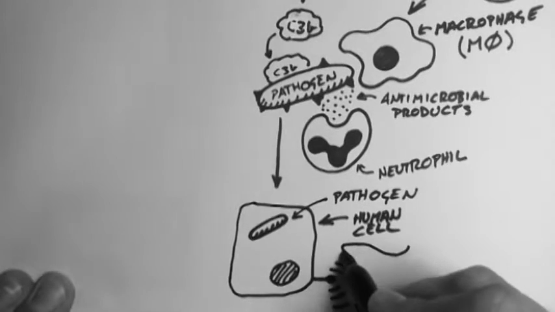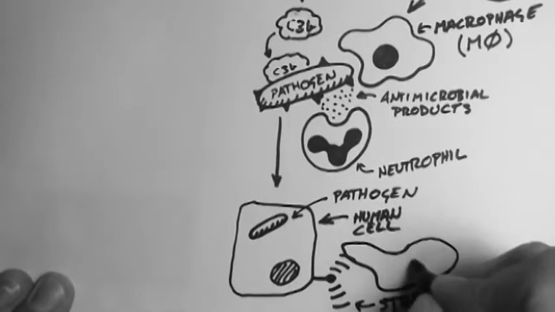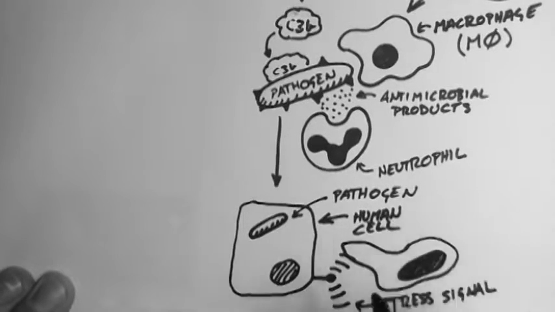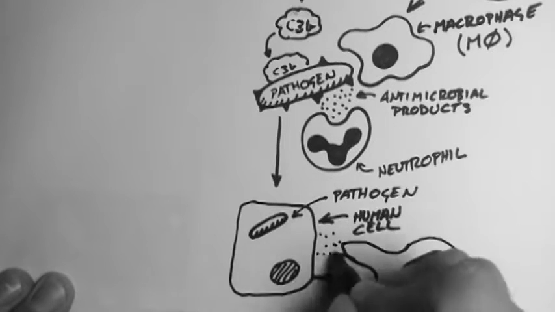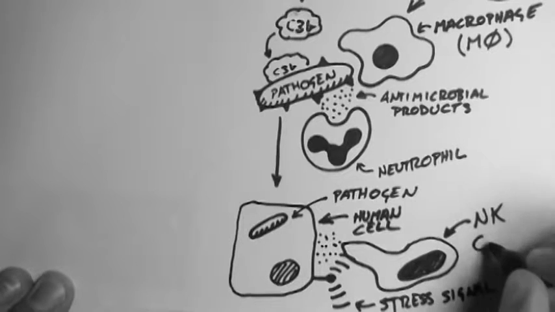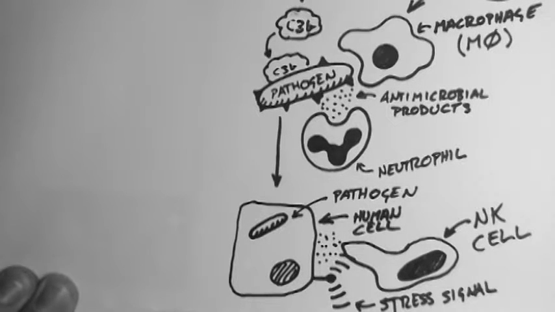And this calls on another type of cell called a natural killer cell, or NK cell for short, to release a whole lot of products that ask the cell to die. And if this cell dies, it should take the pathogen with it.